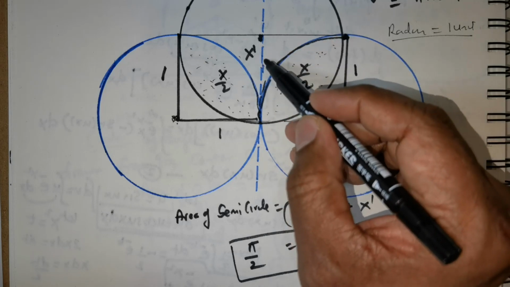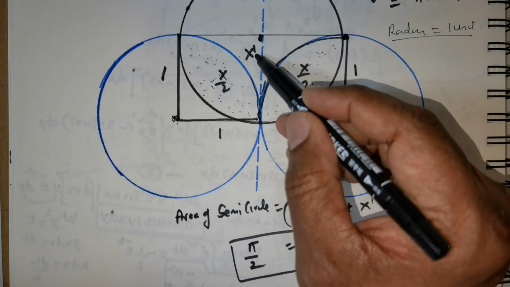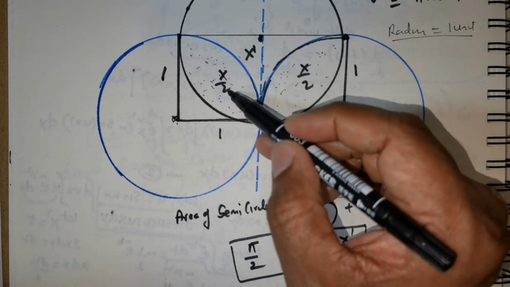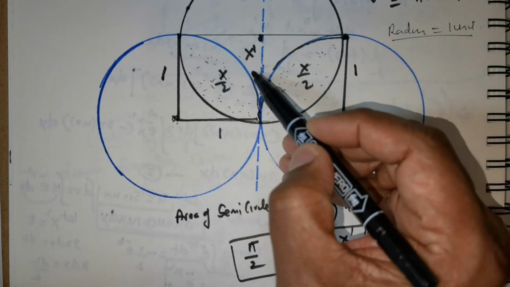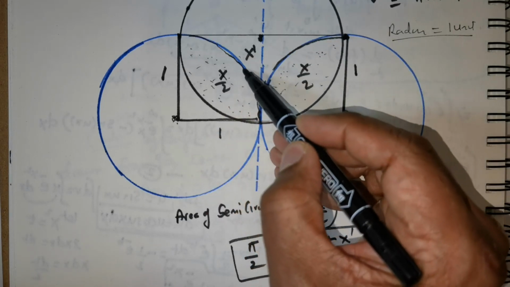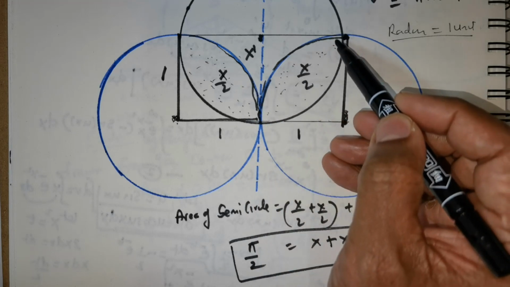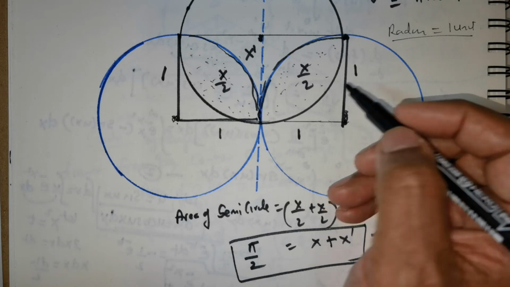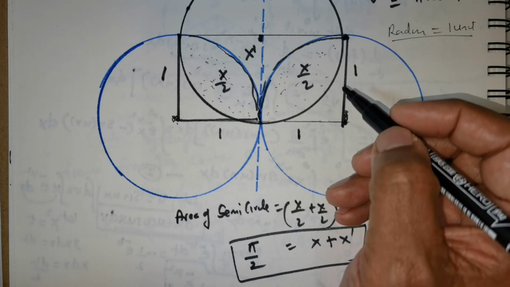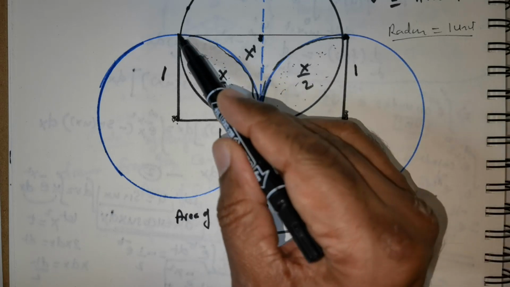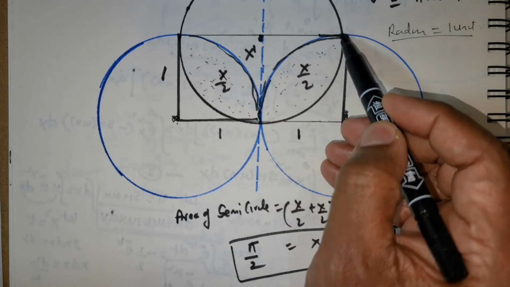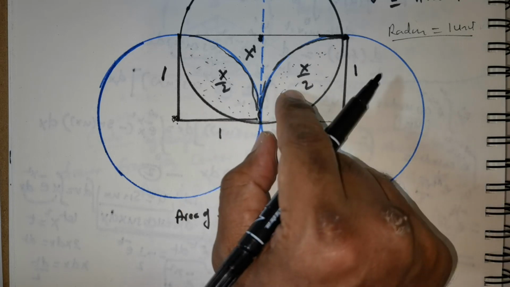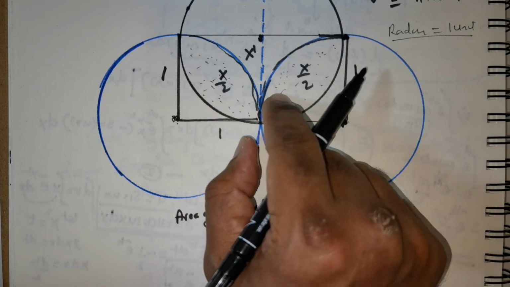If you're looking to find the value of this x dash, can I say that from the area of the rectangle, if you get rid of this quarter and this quarter, you are left with this x dash? Is it okay for me to say? Yes, of course, because these regions are inside the rectangle. So from the rectangle, if I take away these two quarters, I would get x dash.